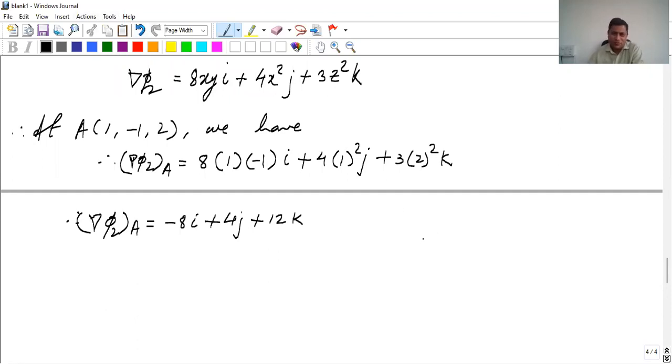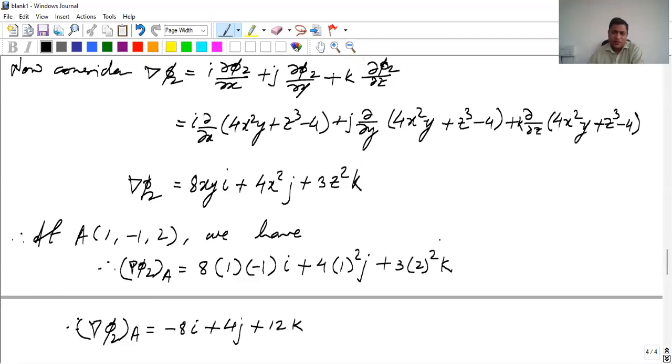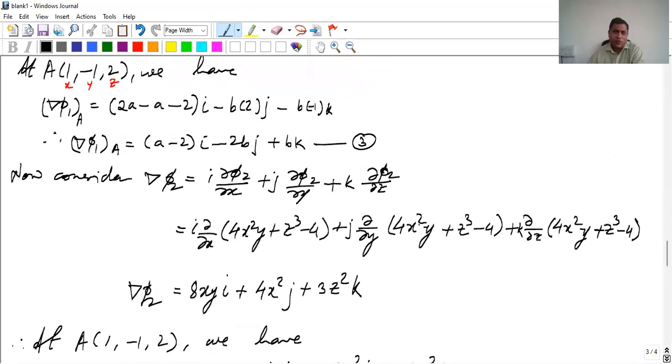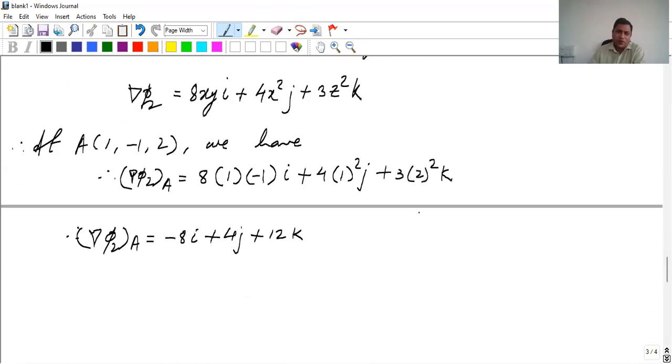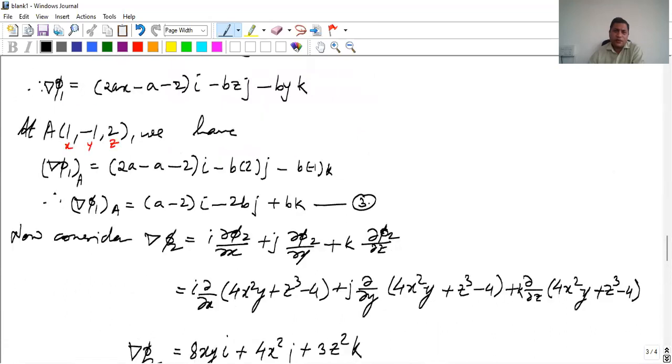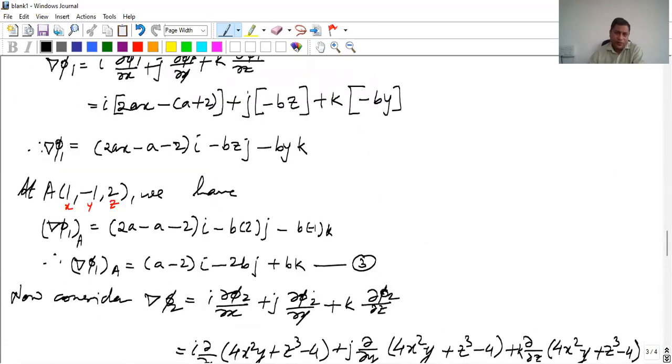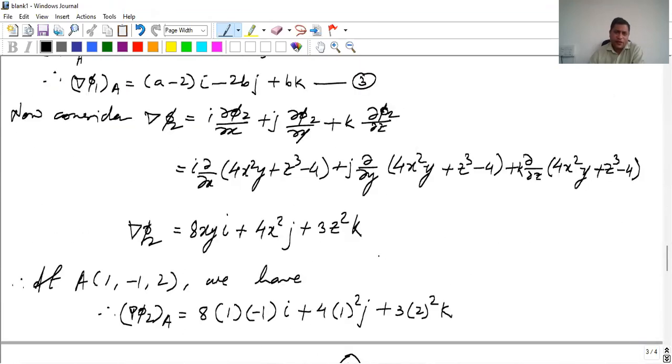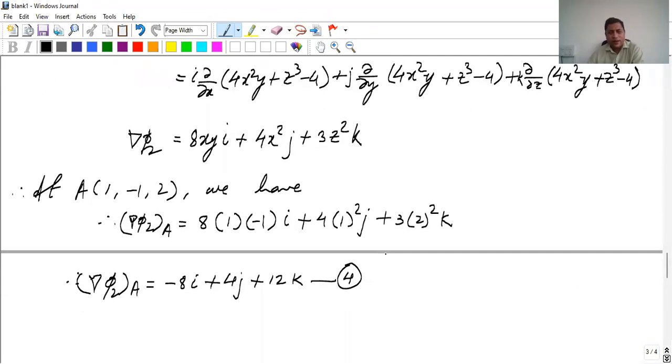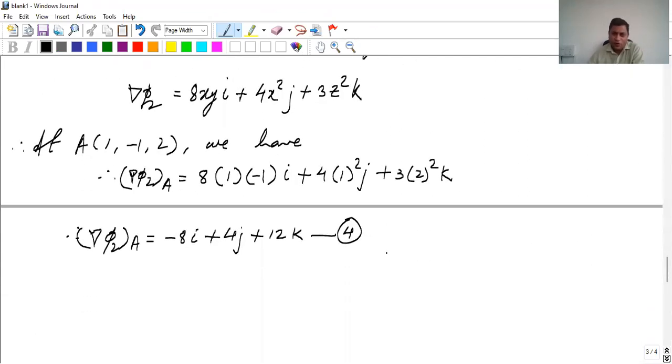So this will be our equation 4, because del phi 1 at A is equation 3, and del phi 2 at A is equation 4.